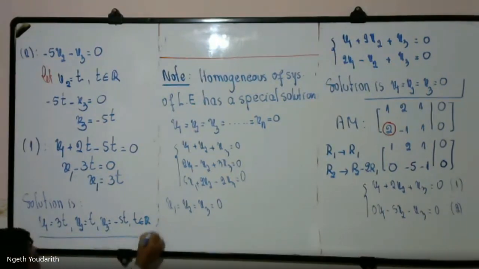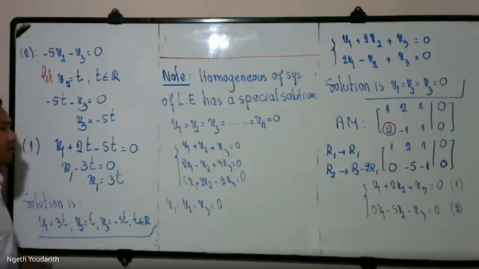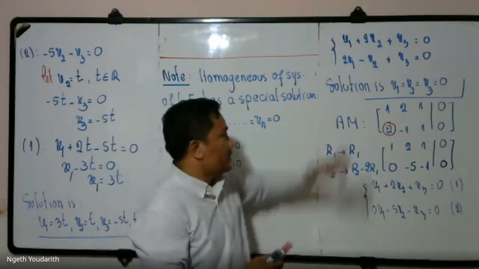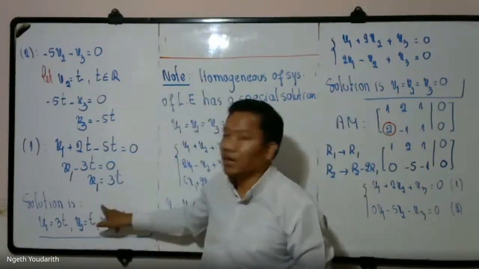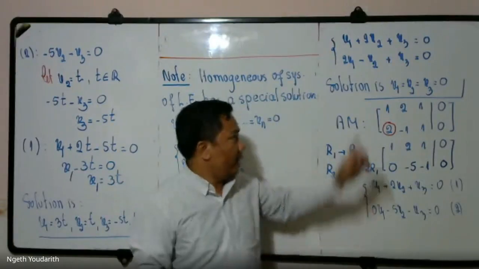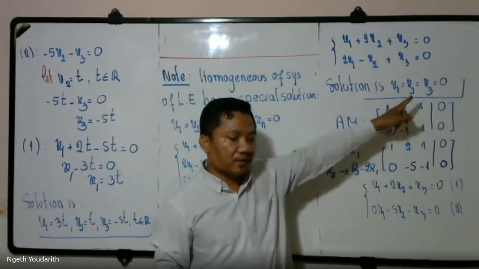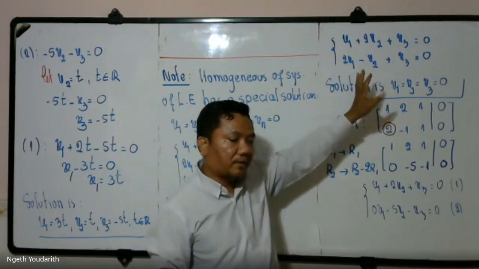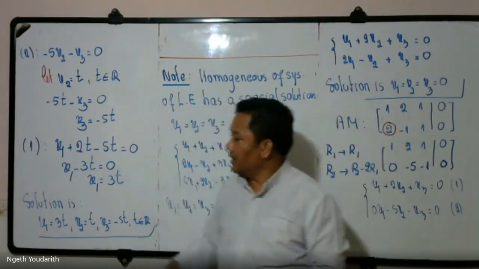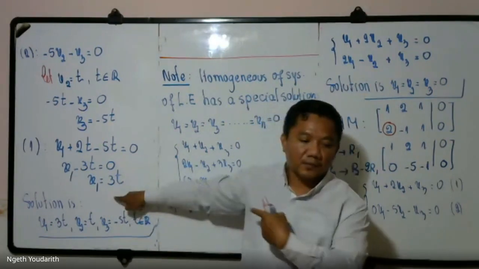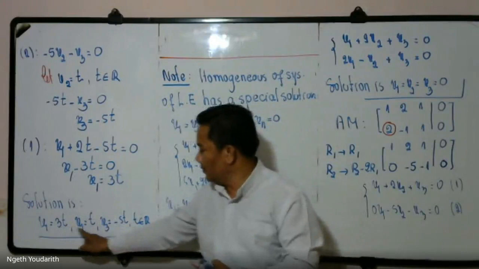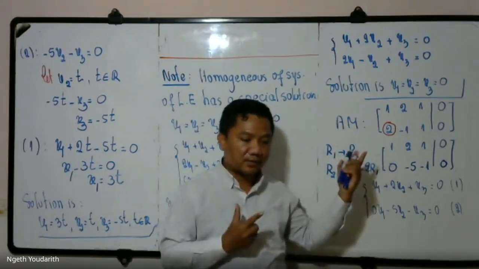Is this the set of solutions of our equation? Does 0 belong to this or not? x1, x2, x3 equal 0 is the solution of the equation, the main solution. And this is the set of solutions. So when we take t equals 0, we get 0, 0, 0. The same or not? The same.